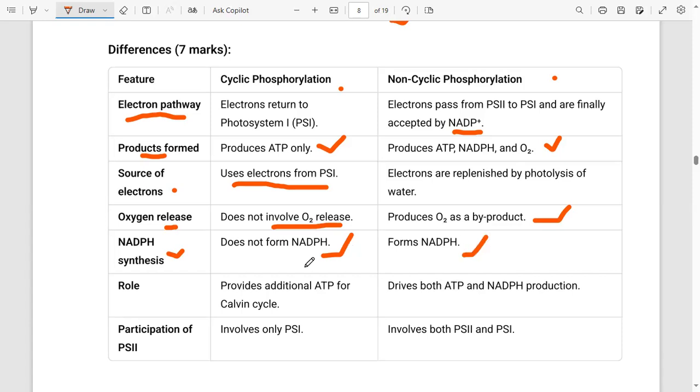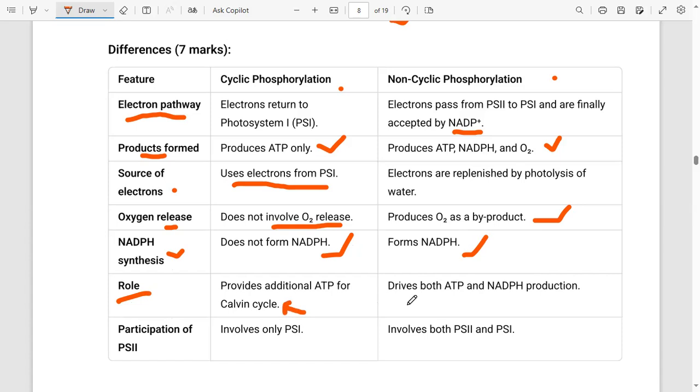Then the general role of these 2 systems. The cyclic provides additional ATP for the Calvin cycle; later on I'll explain what this Calvin cycle is.